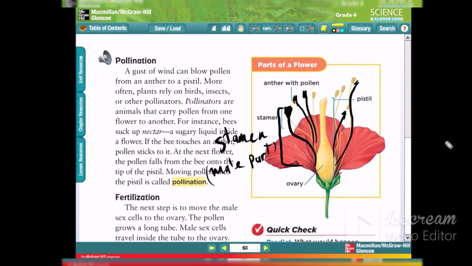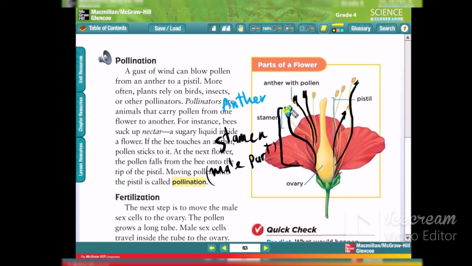Okay, and the upper part of this stamen is called anther. Let's name it here in blue: anther. Now this anther will make a powder, as I told you before.